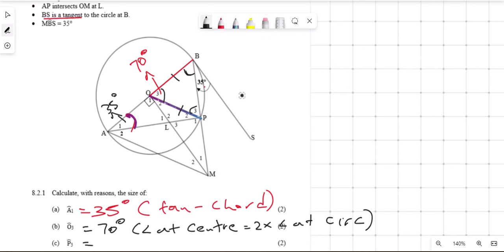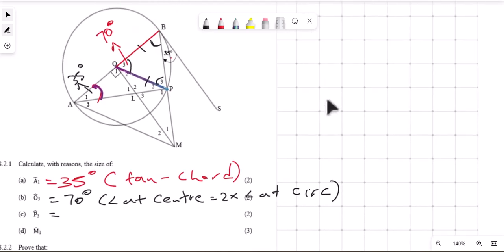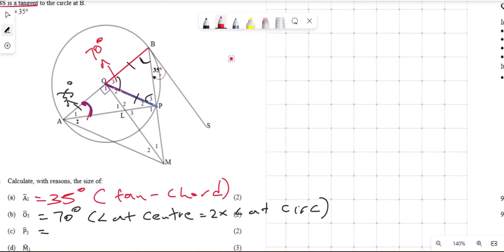We can say P3 is equal to 180. Let me say 2P3, and divide by 2.